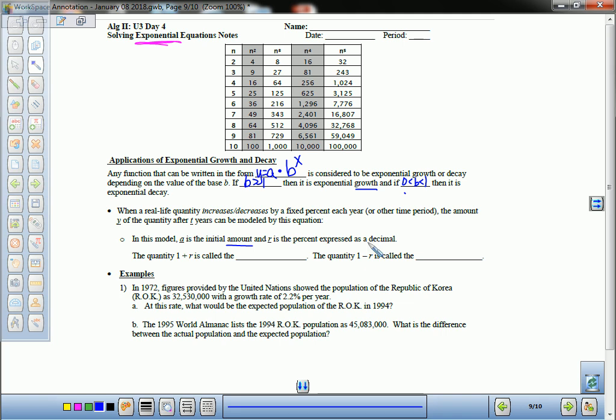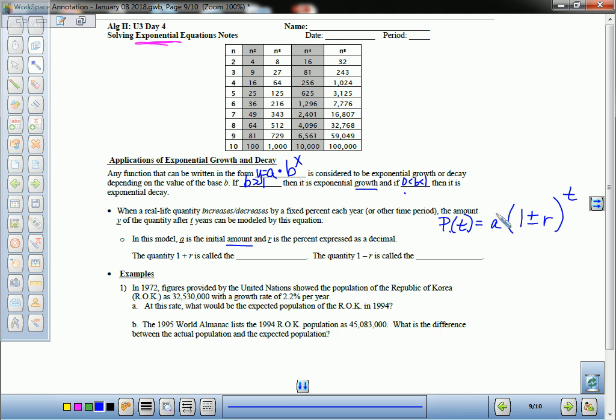Now, when we look at r, so here is our equation. This is generally with population. Population is equal to the initial amount times 1 plus or minus the rate raised to the number of time periods.